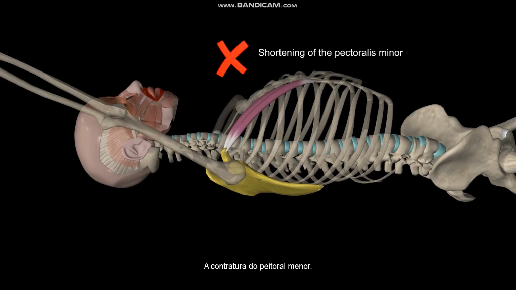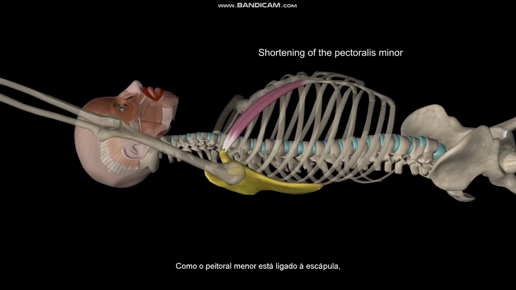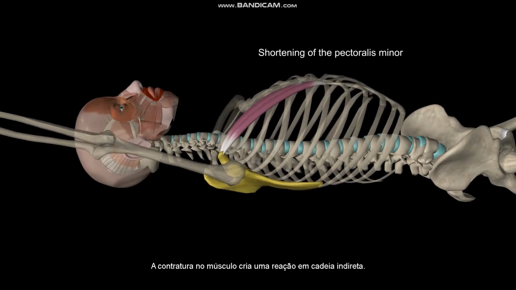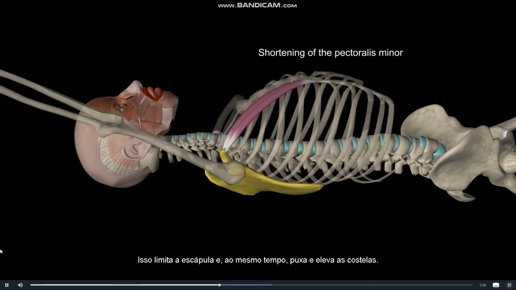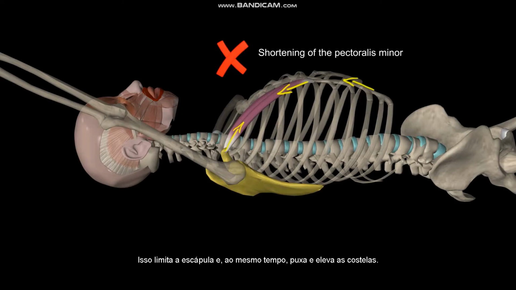Shortening of the pectoralis minor. As the pectoralis minor is connected to the scapula, shortening in the muscle creates an indirect chain reaction. It limits the scapula and at the same time pulls and raises the ribs.